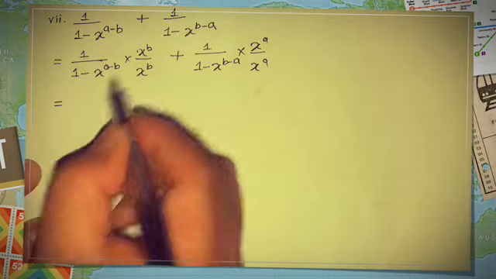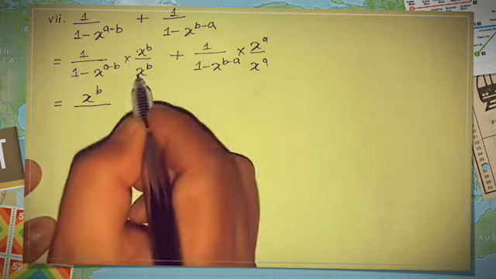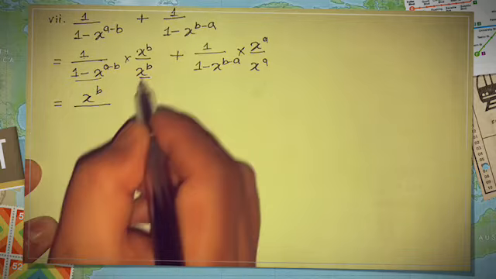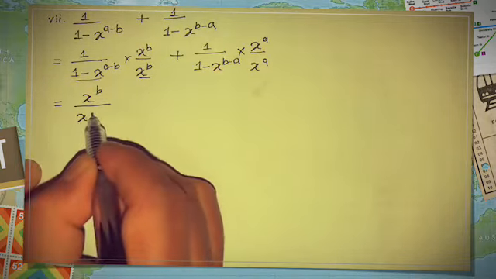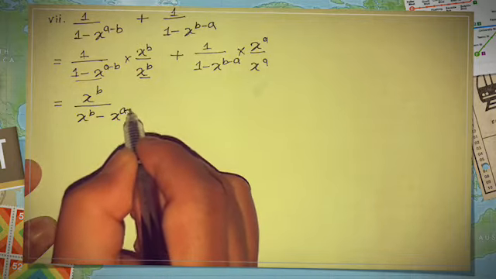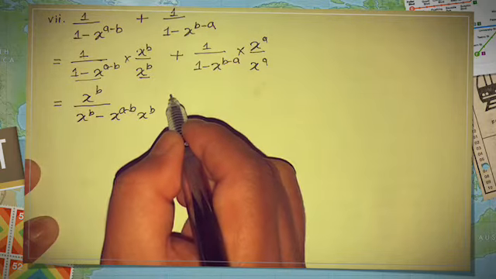So one term they can easily multiply. Yes, and here two terms you have to multiply by this one term. So x to the power b times 1, now here x to the power a minus b multiplied by x to the power b.